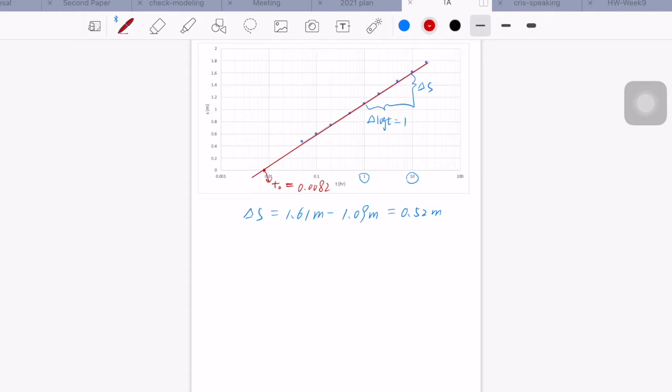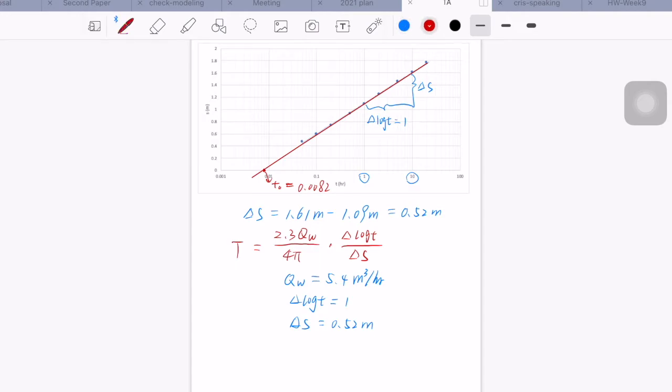And then, the T should be equal to 2.3 times qw divided by 4 pi times delta log t divided by the delta s. qw from this problem is 5.4 cubic meters per hour, and delta log t is 1, and the delta s equals 0.52 meters.